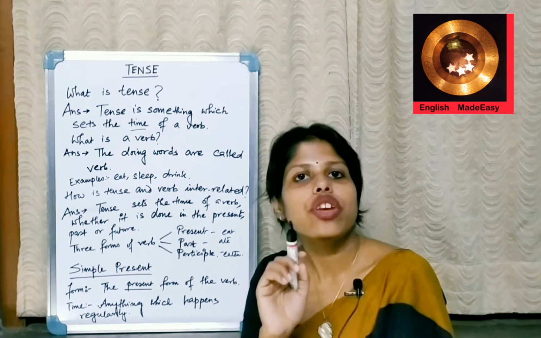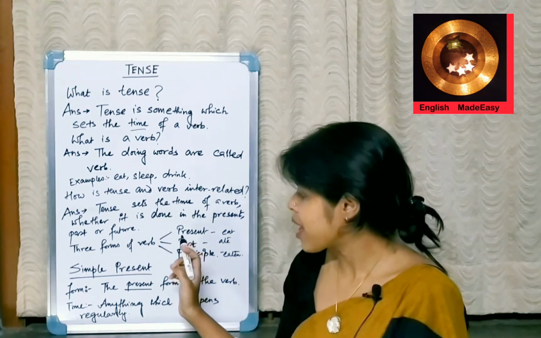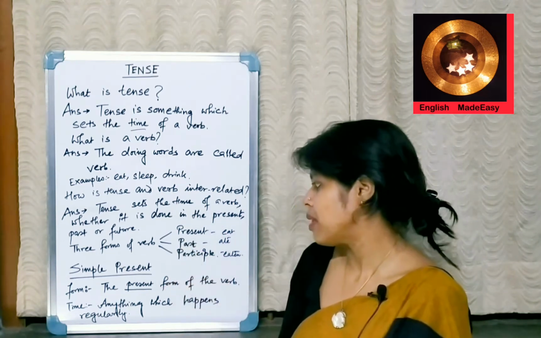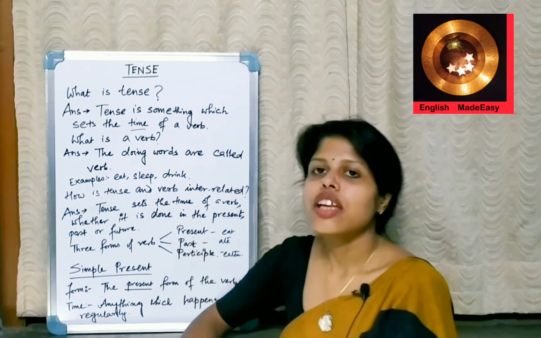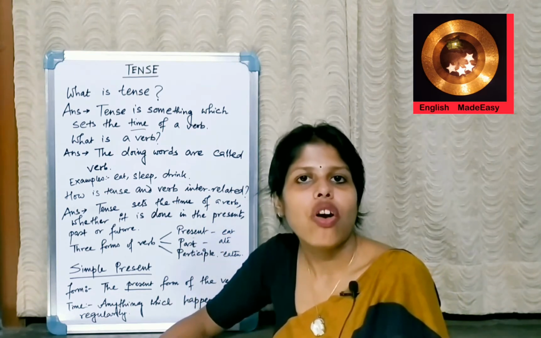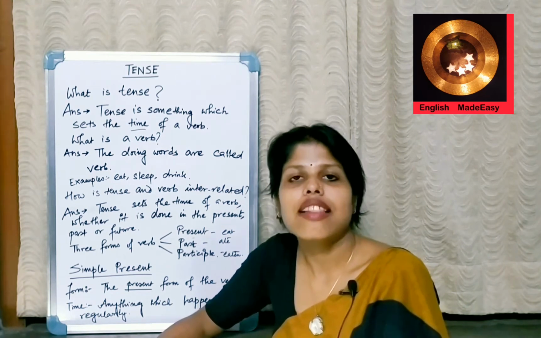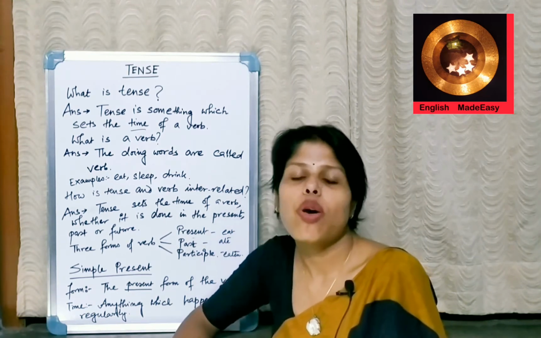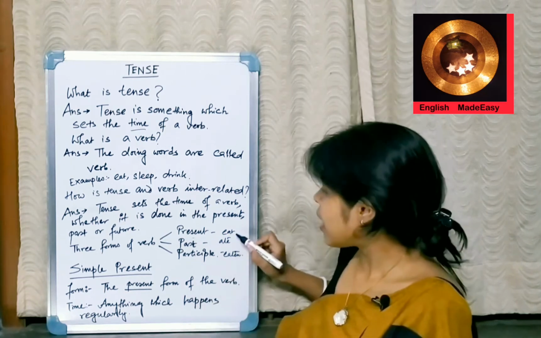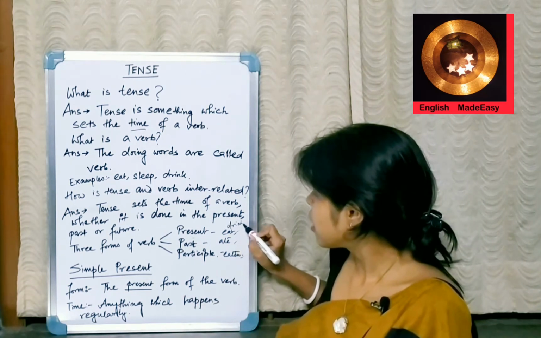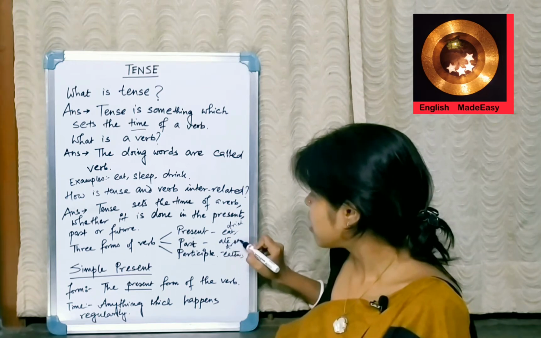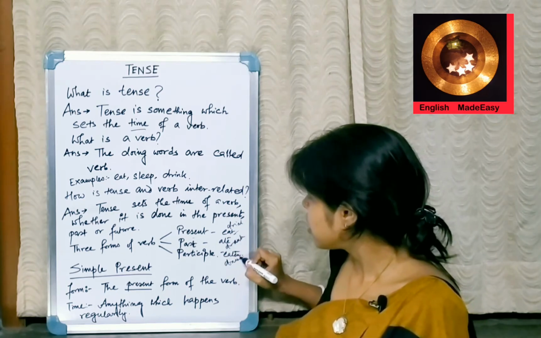Now, there are three forms of verb: present, past and participle. You refer to any good book like Wren & Martin, and there you will find the three forms of verb. Like eat, ate, eaten; drink, drank, drunk.